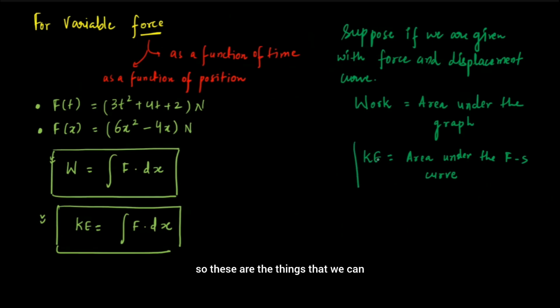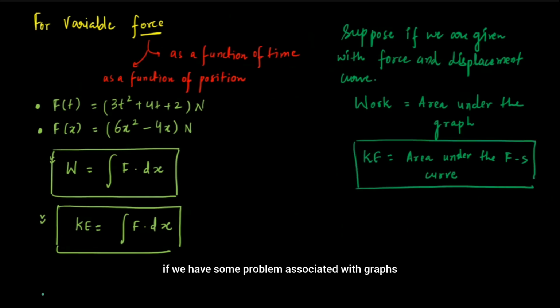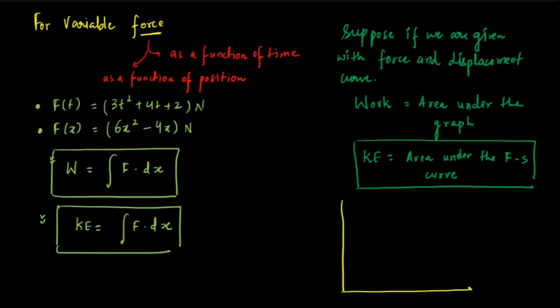So these are the things that we can keep in mind in case we have some problem associated with graphs. For example, suppose this is a graph which has force and displacement, represented by the x and y axis respectively. Whatever graph we have, let's say force and displacement vary like that.